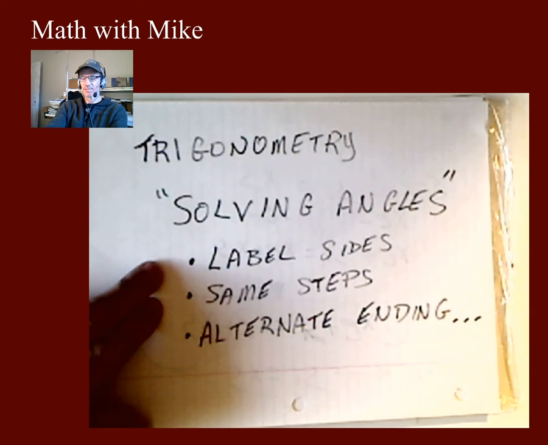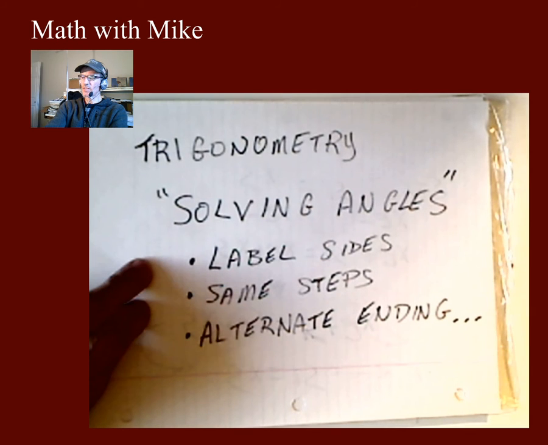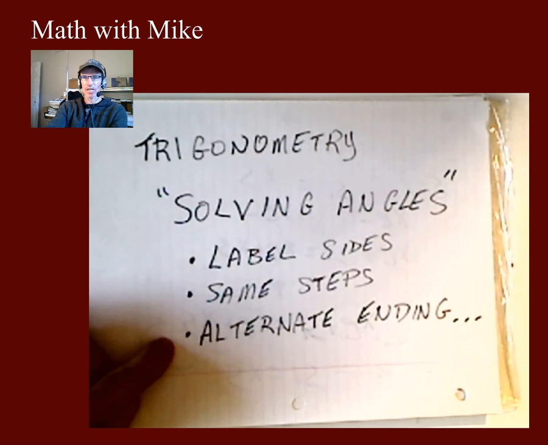However, what's going to be different with this type of question is the last couple of steps, an alternate ending, if you will, to get to the answer. So let's put up a question and see how these pieces all work.